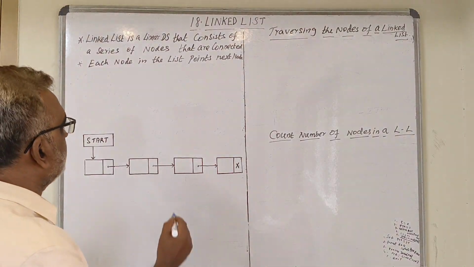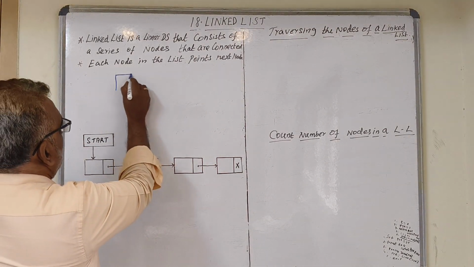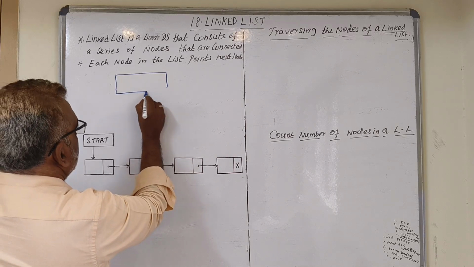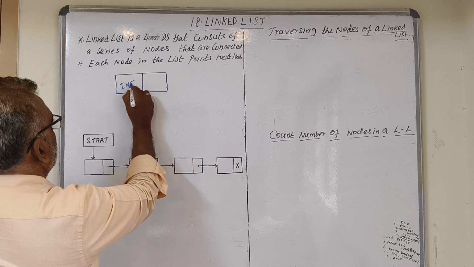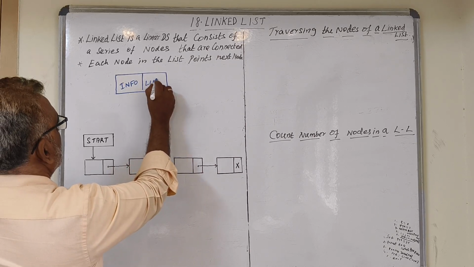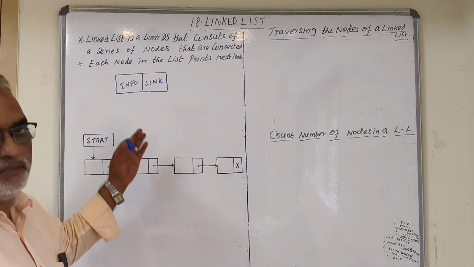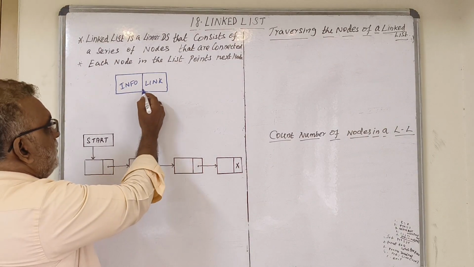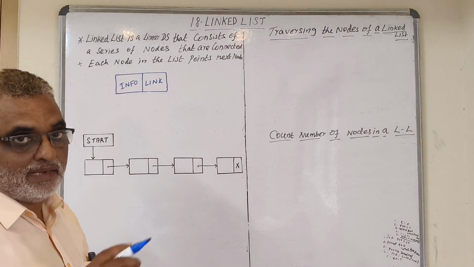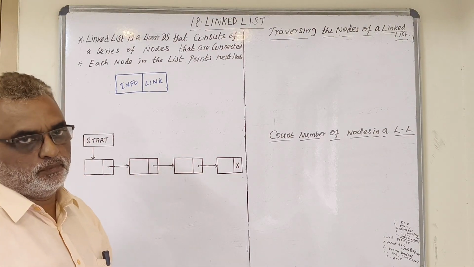So each node contains two parts. One is the information part and another is the link part. The information part contains the data and the link part contains the address of the next node.